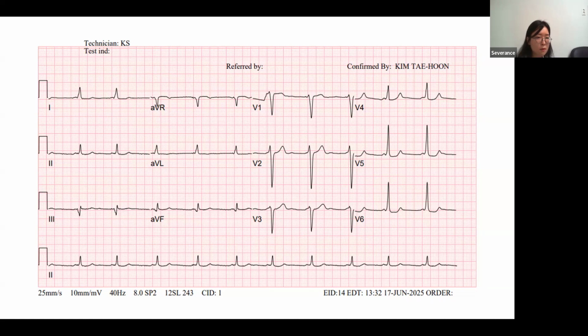No doubt. The initial delta positive in V1. Yeah, okay. Within 15 seconds.